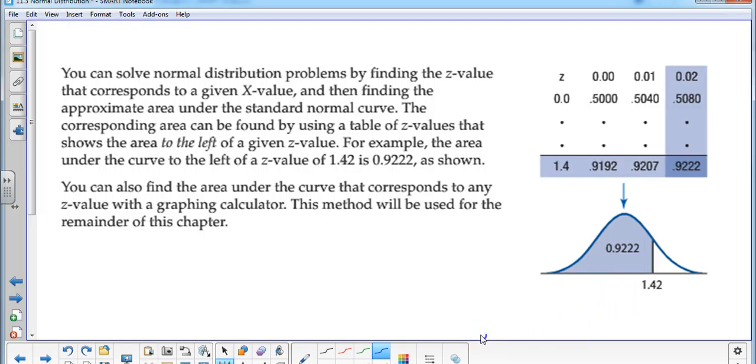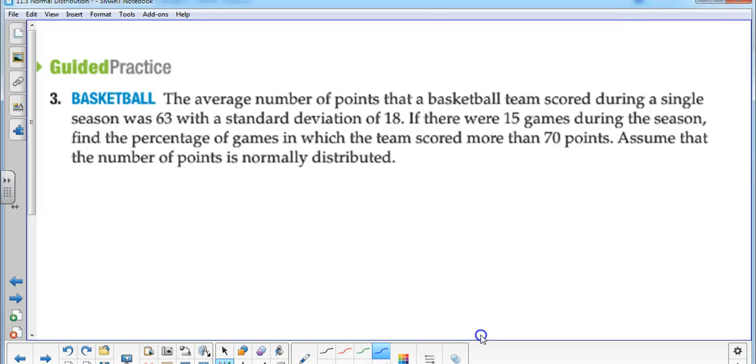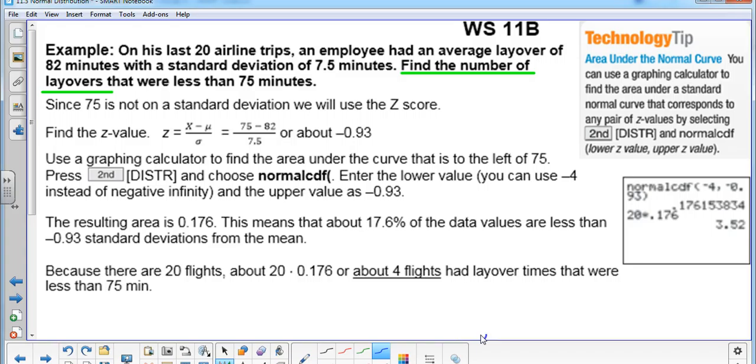Our calculator does that. We're going to go ahead and do an example using the z-score. I'm going to do this one that's on your paper. Then I'm going to show you how you don't even have to use a z-score at all. All right. On his last 20 airline trips, an employee had an average layover time of 82 minutes with a standard deviation of 7.5.